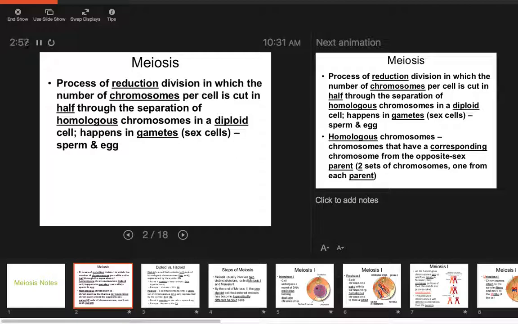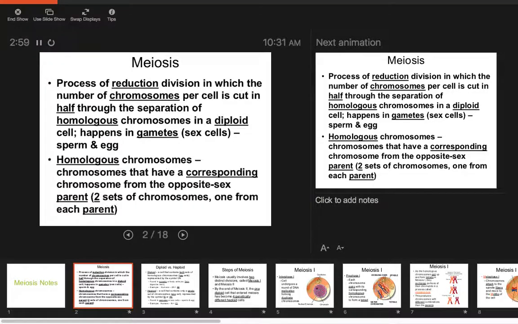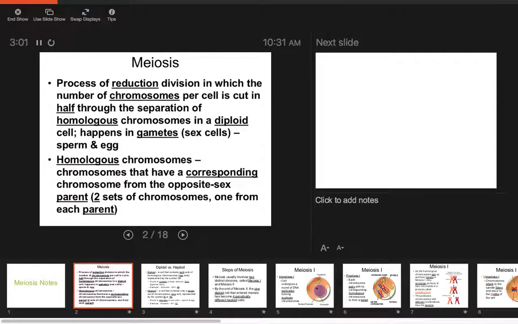So there are a couple key words up here, we'll go through some of it. You'll see the process of meiosis referred to as something called reduction division. Because here's the thing, when you start the process of meiosis, you're starting it with a body cell. For males, it's not like sperm cells are just replicating and making new sperm cells.